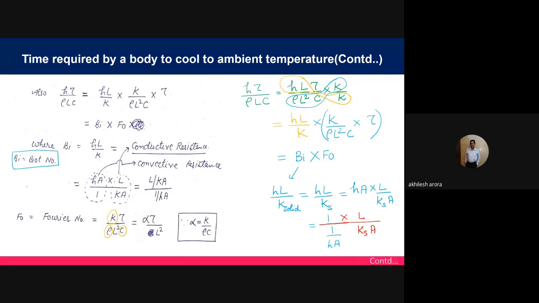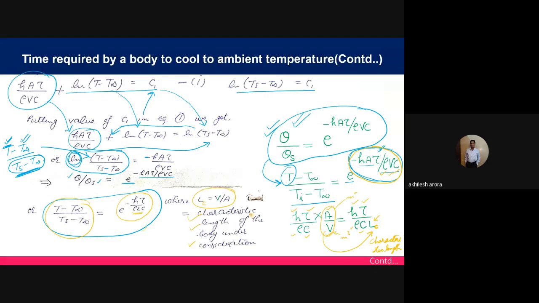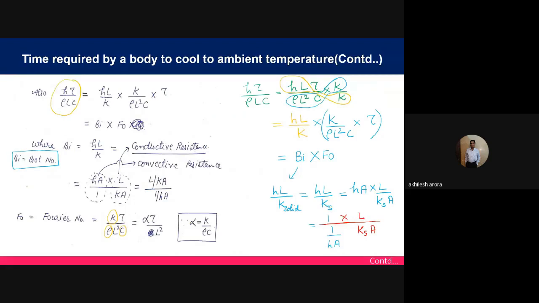Now let us think about this h tau over rho LC. In the numerator, it is already h and tau. What we have done is multiplied by L and K in the numerator, and in the same way in the denominator, rho and LC.